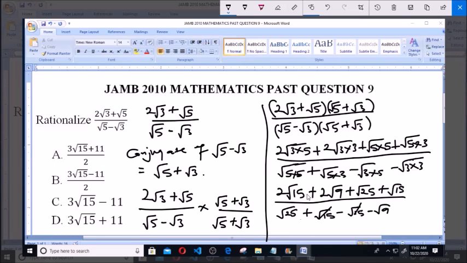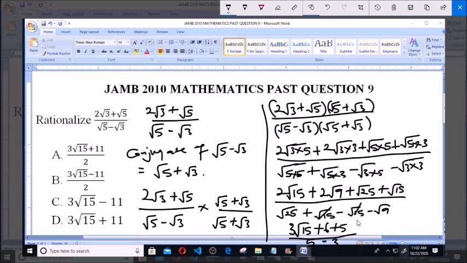So now from this we'll be having what? Collecting like terms, we'll be having 3 root 15, that is this 2 root 15 plus root 15 will give us 3 root 15. Then here we'll be having what? Root 9 will give us 3, so 2 times 3 will give us 6 plus 6. Root 25 will give us 5 plus 5 all over root 25 here will give us 5, and minus root 9 here will give us minus 3.